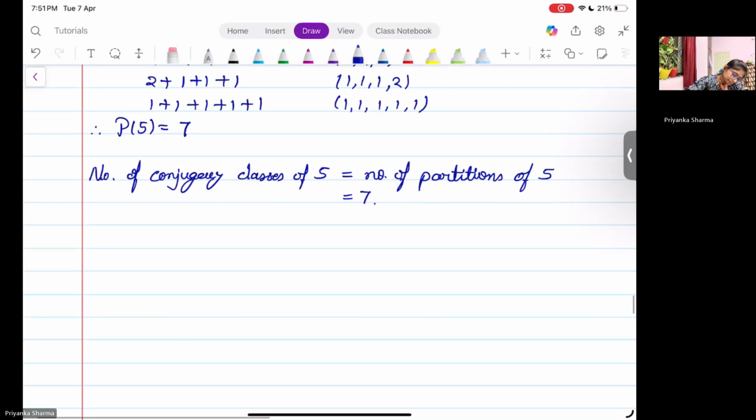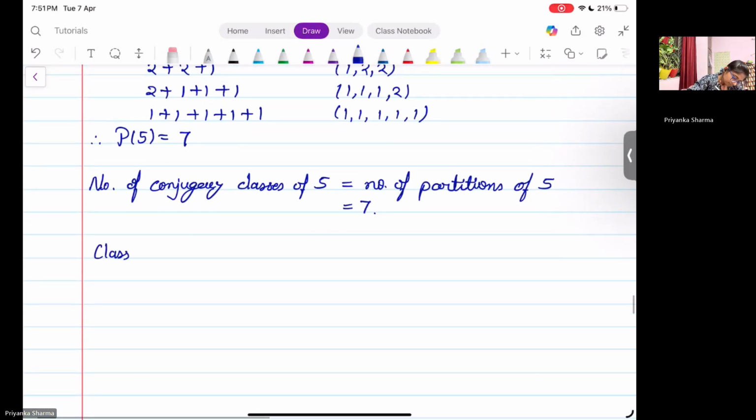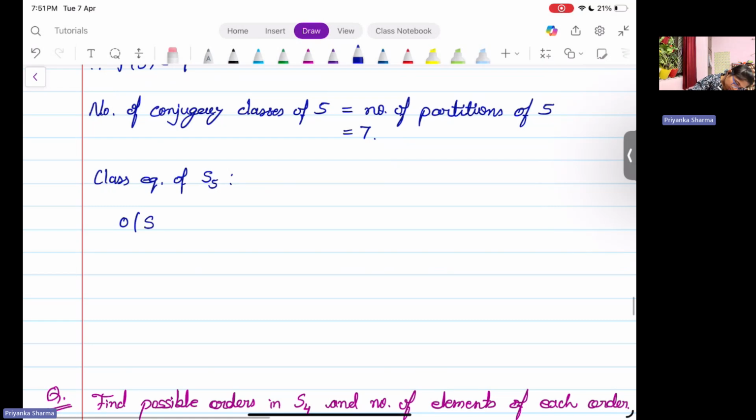So the class equation of S5 will be written as the order of S5 equals the summation of the orders of the conjugacy classes of A, where A varies over the different conjugacy classes.